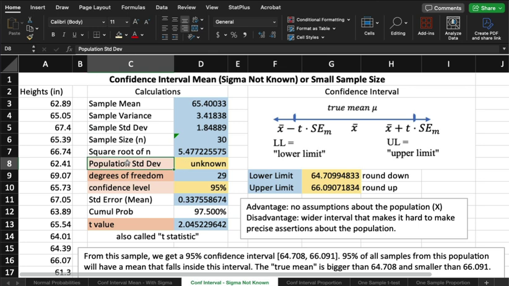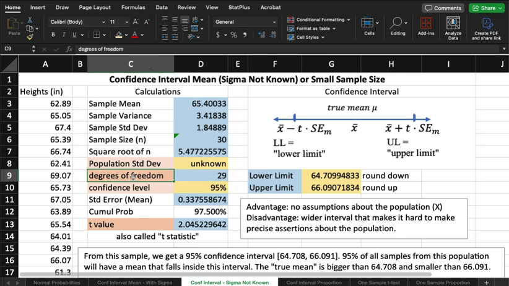Our population standard deviation is typically unknown. It could be known, it could be unknown, it doesn't matter. So I'm just going to type unknown there because we do not know it. And then the other thing that we need for this particular method is something called degrees of freedom.